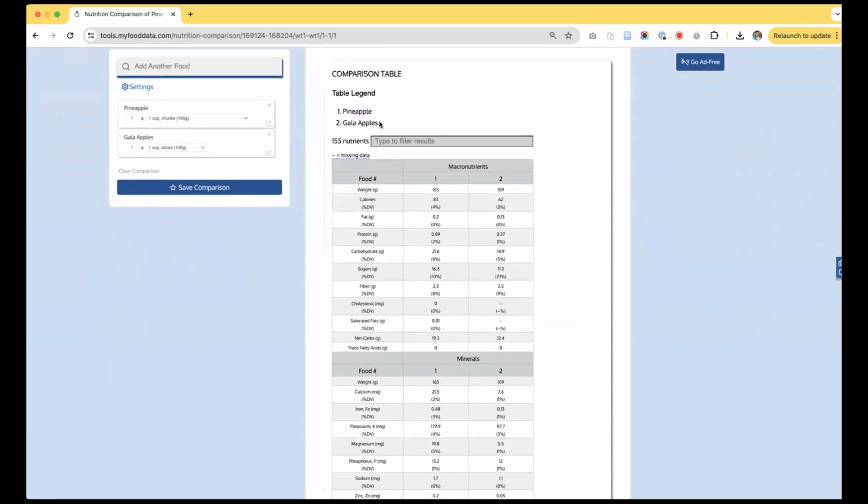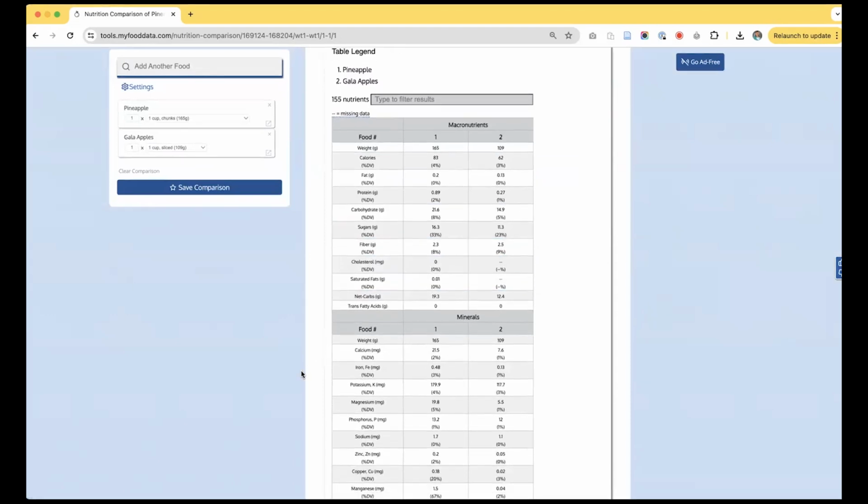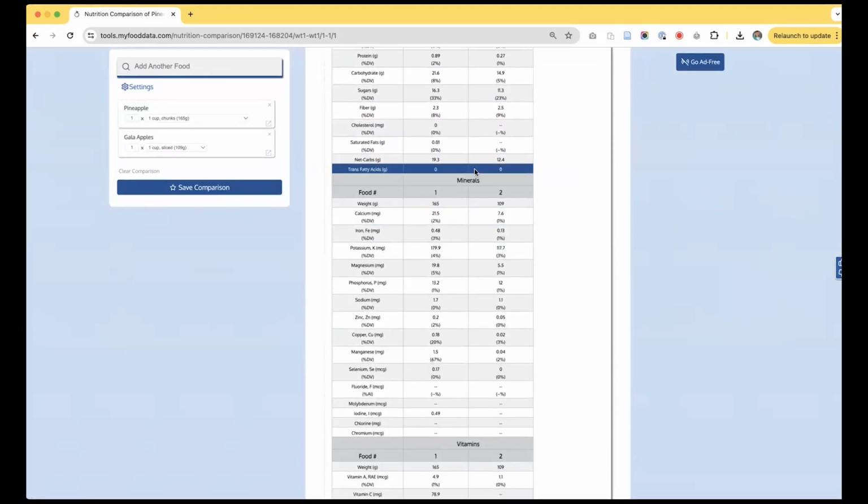And then just note that number 1 is pineapple and number 2 is gala apples. And so right here where I have my cursor, I have 1, so that's for pineapple, and then 2 is for gala apple. So just keep that in mind. And then I really like this tabular form. You see the calories side by side, you see the fat, the protein, the carbohydrates, the sugars, minerals.